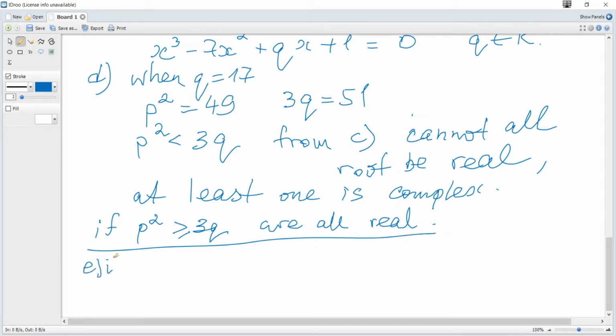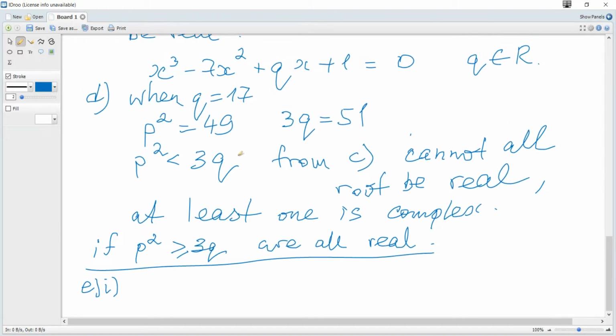E, part I: by varying the values of q in the equation, determine the smallest positive integer value of q required to show that Noah is incorrect.